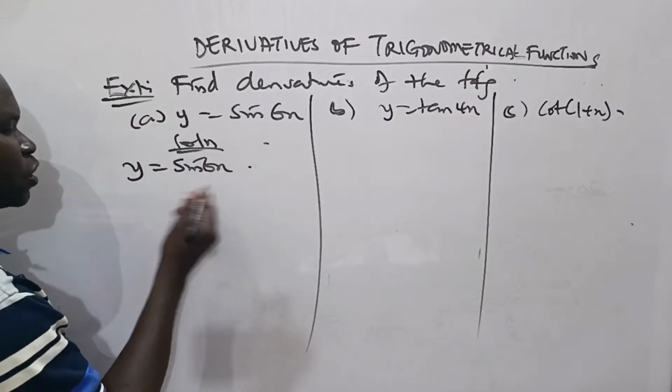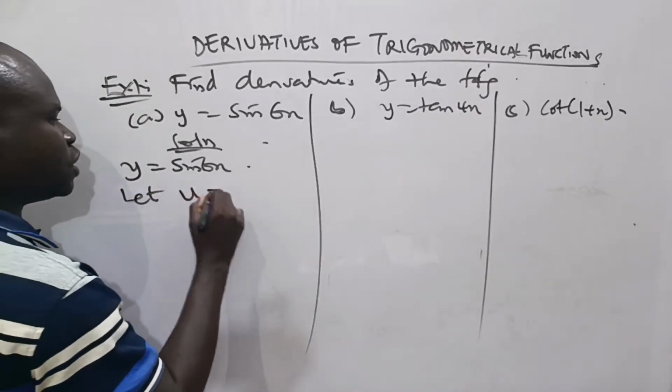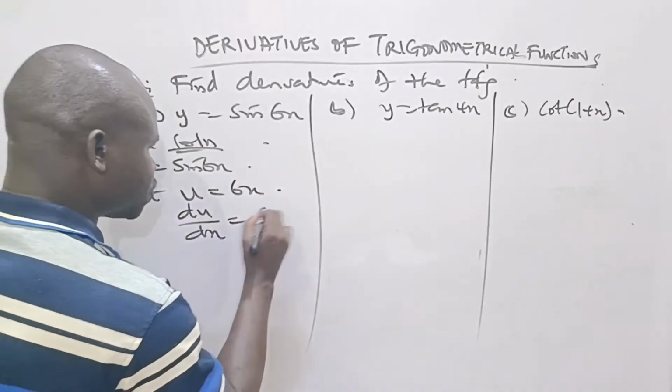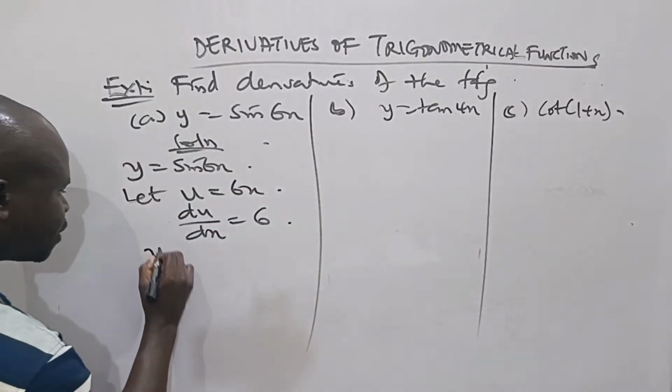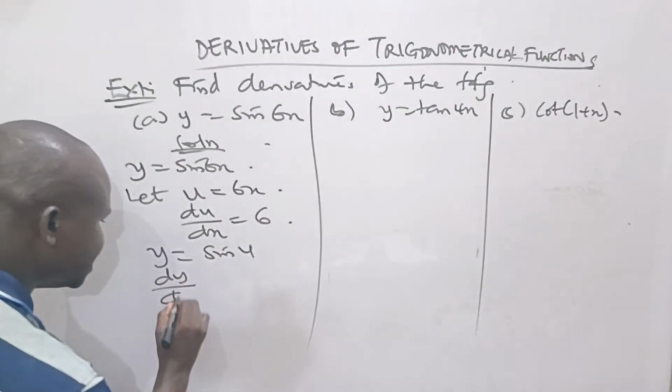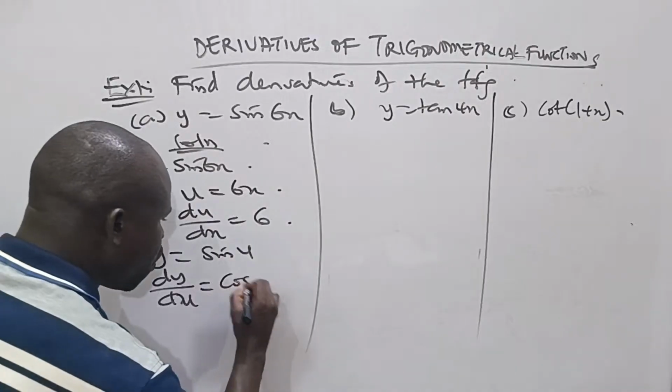So you can say let u is equal to 6x, so that du dx is equal to 6. Then y will now be equal to sine u, and dy du will be cos u.